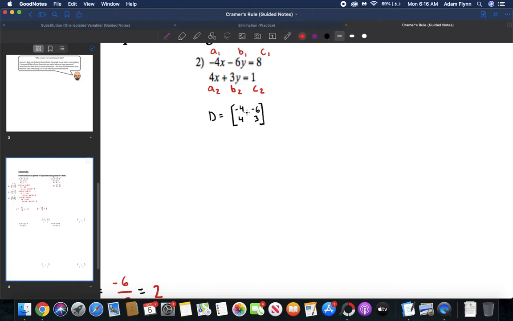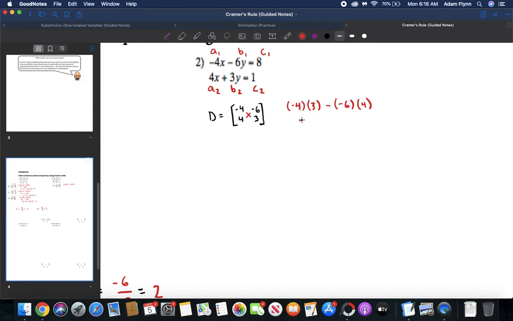Okay, I'll do this cross multiplication here. So I know AD is going to be -4 times 3 minus B times C, which is going to be -6 times +4.